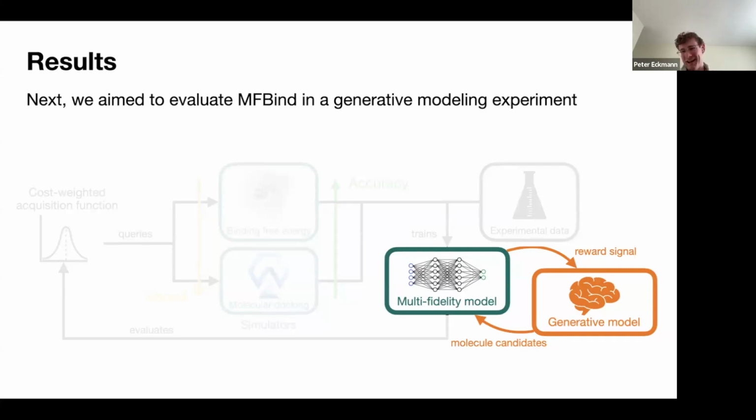I should have mentioned this: the experimental data was not a simulator we could query. We could query the docking and ABFE simulators, but we treated experimental data as a fixed set of compounds, and we can't query more. So that was just added to the training data set to help in prediction. It's not something we can query for arbitrary compounds. We only allow the model to query from docking and ABFE.